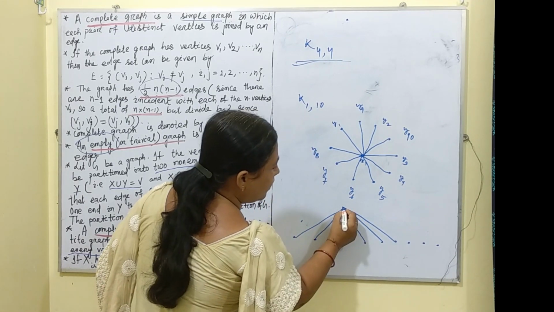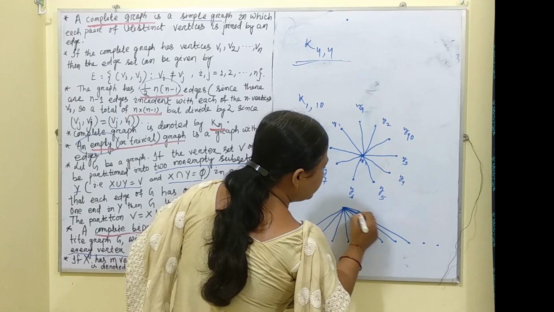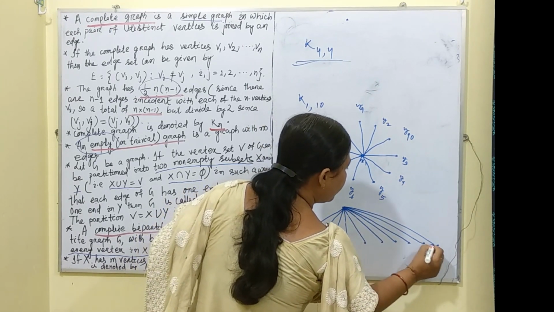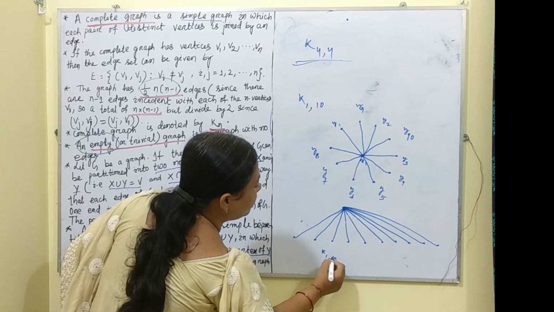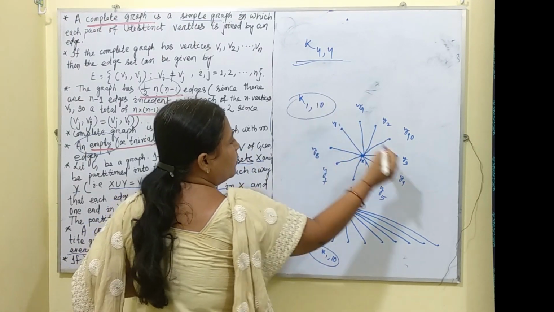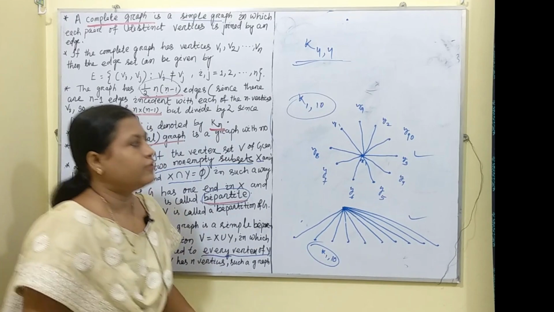These look like different graphs, but these two graphs are the same graph, the K1,10 graph. Okay, so thank you.